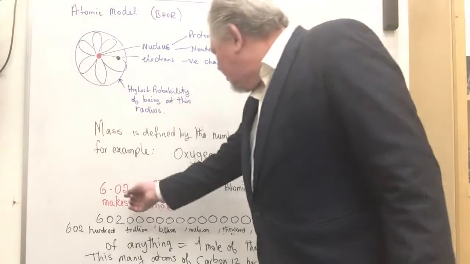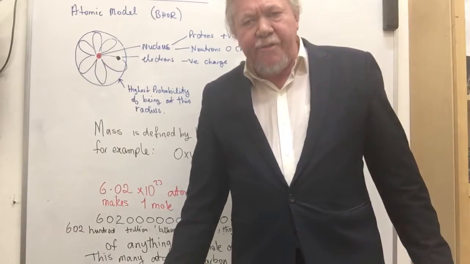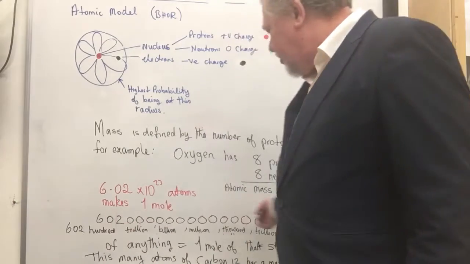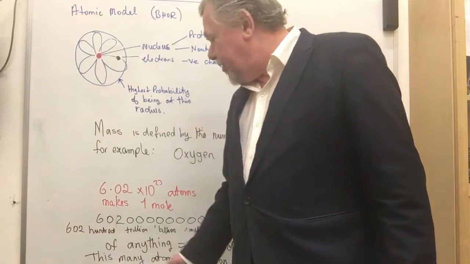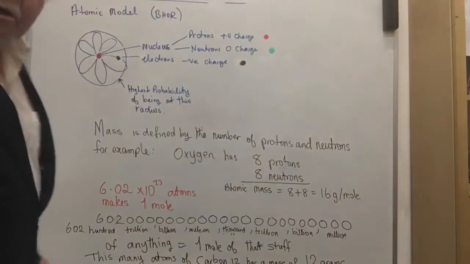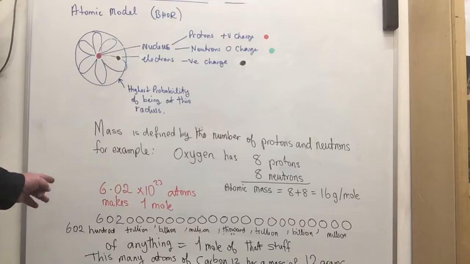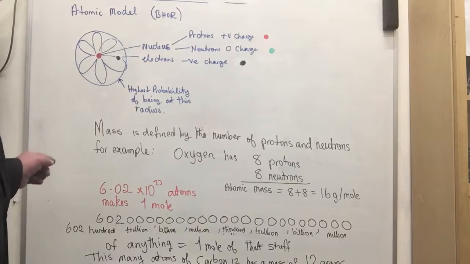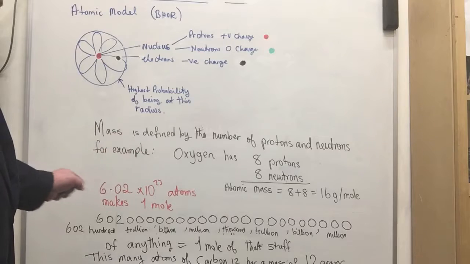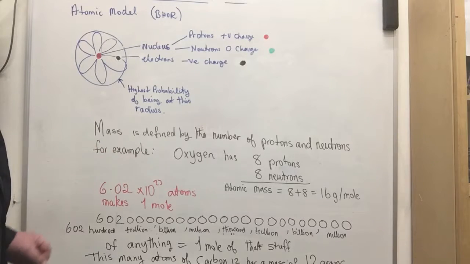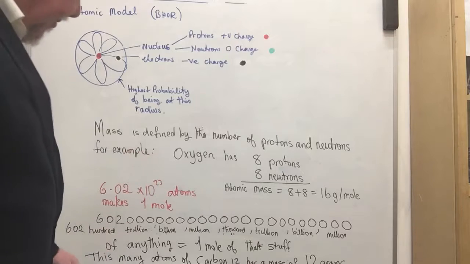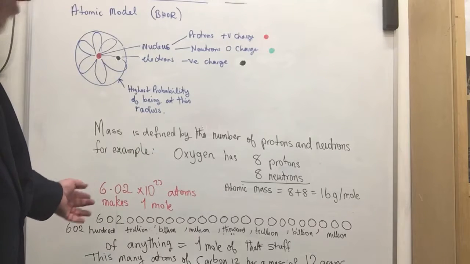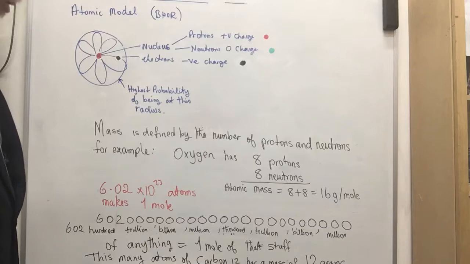Okay, so what is this 6.02 by 10 to the 23? If you are already maths inclined, then you pretty much understand what that is. If you are not, then in simple terms, I'll just stand on this side so you can see the whole lot, and you can see down there, look at all of those. So you've got 6 and 23 other figures, okay? 22 of them will be zeros, so it'll be 602 followed by 21 zeros.